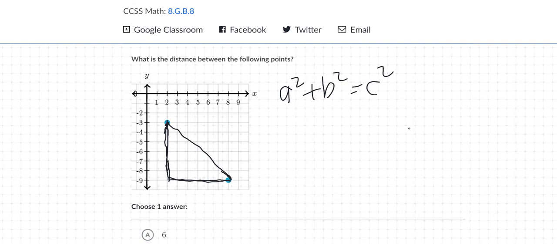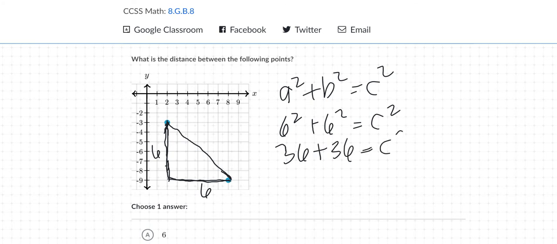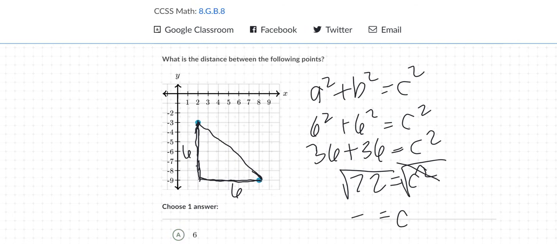We're going to count 6, and this is 6 as well. 6 squared plus 6 squared equals c squared. 36 plus 36 equals c squared. 72 equals c squared. And you need to get the c by itself. You want to get rid of the exponent of 2, so you take the square root. c equals the square root of 72.